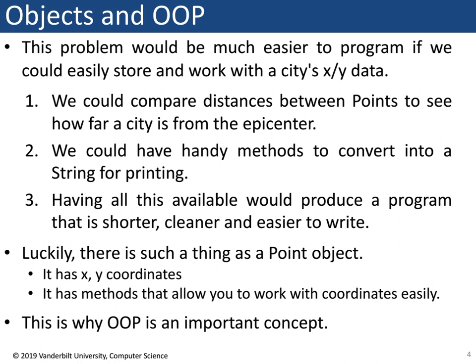That's what a point object is. It's a code embodiment of the idea of an XY location, as well as behaviors associated with XY locations. So with this point object, we can easily compare the distance between the epicenter point and the city point, because that's a behavior built into the object.